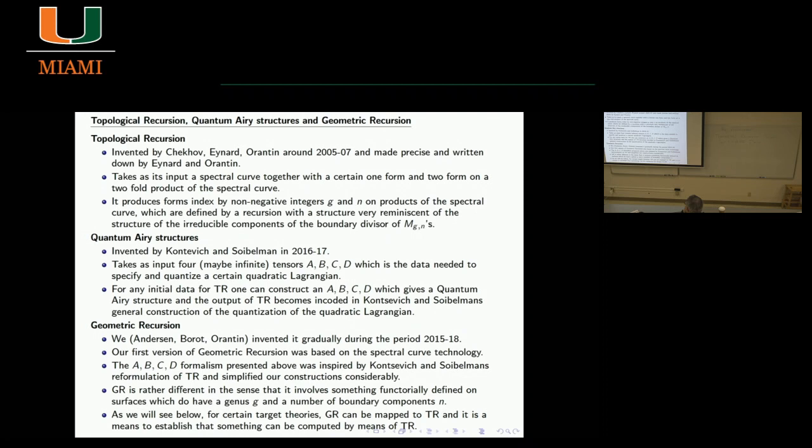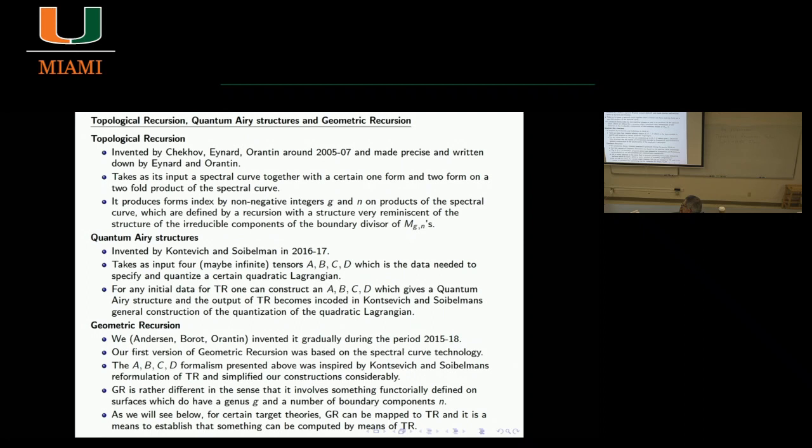And it is manifest that g means the genus of a surface and n means the number of boundary components of the surface. And then I will show you that there is actually a very nice relation between GR and TR for the target theory Teichmüller space. So the mapping class group acts, but not invariantly on the topological recursion. There is no action of the mapping class group at all on these surfaces. They are numbers, right? Omega g,n are forms.